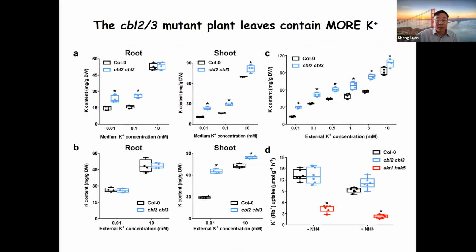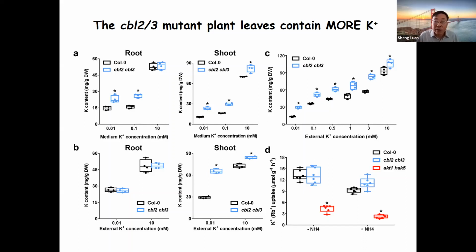Okay, so another piece of evidence, it's interesting. This is a busy slide, but all I want to say is that the mutant leaves especially have a much higher total potassium than the wild type.